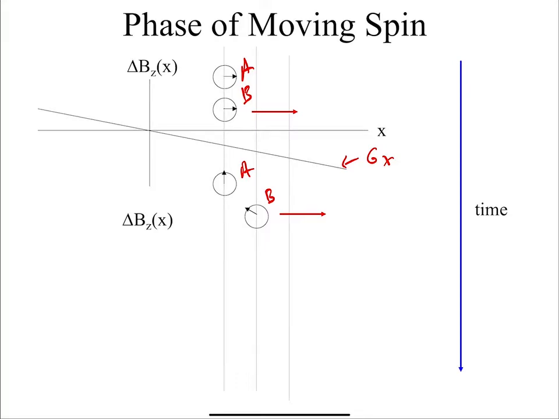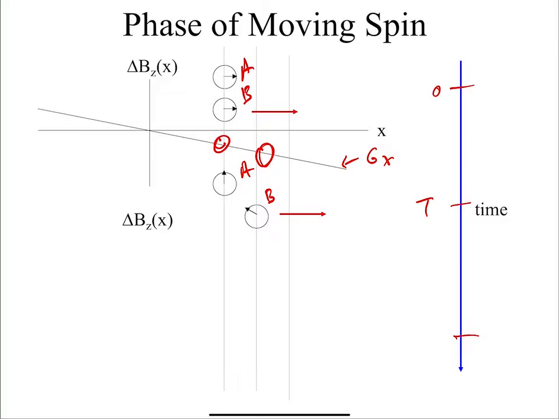So we look at the relative phase difference. A has lagged behind by 90 degrees, and B has gone counterclockwise by 135 degrees. So there's a phase difference depending on where they've moved, because B has gone into a stronger part of the field, where A is still experiencing that part of the gradient field.